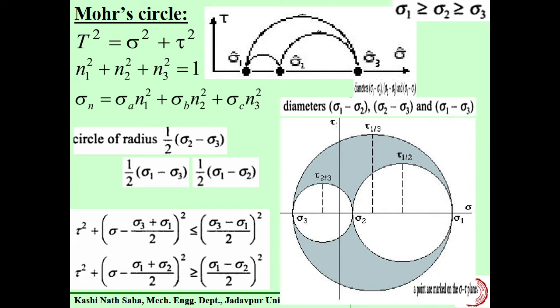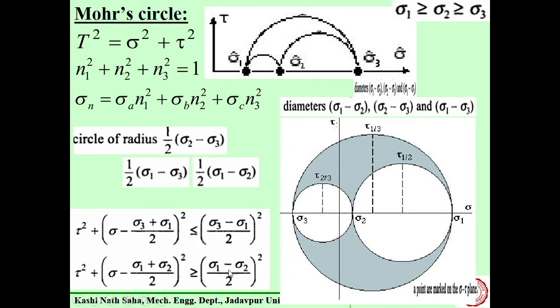What about the other one? Let us come to this. This is the circle representing sigma 1, sigma 2, that means this circle. Center point (sigma 1 plus sigma 2)/2. So this is the equation. So this is our xc as if (x minus xc) square plus y square. Here, what is the condition?